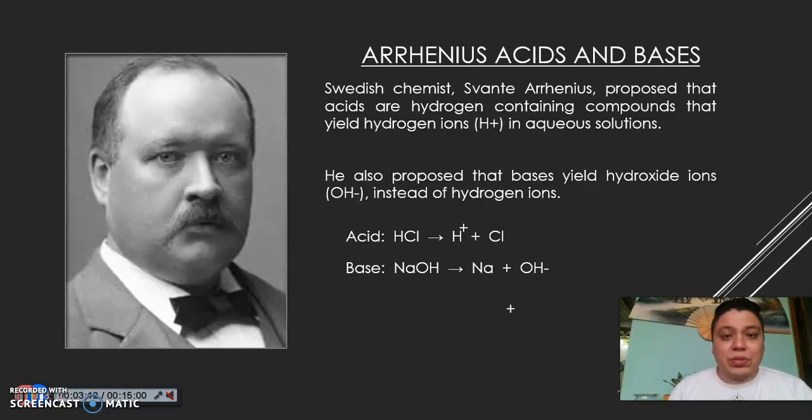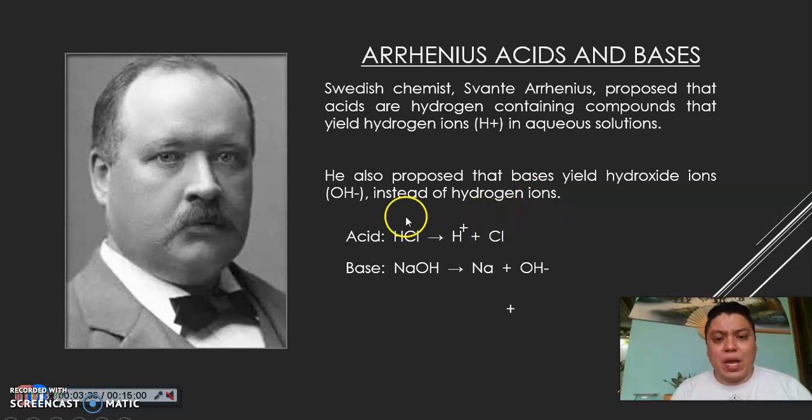The first one of those theories was Arrhenius' acids and bases. Svante Arrhenius proposed that acids are hydrogen-containing compounds that yield or produce hydrogen ions in aqueous solutions. He also proposed that bases yield hydroxide ions instead of the hydrogen ions.